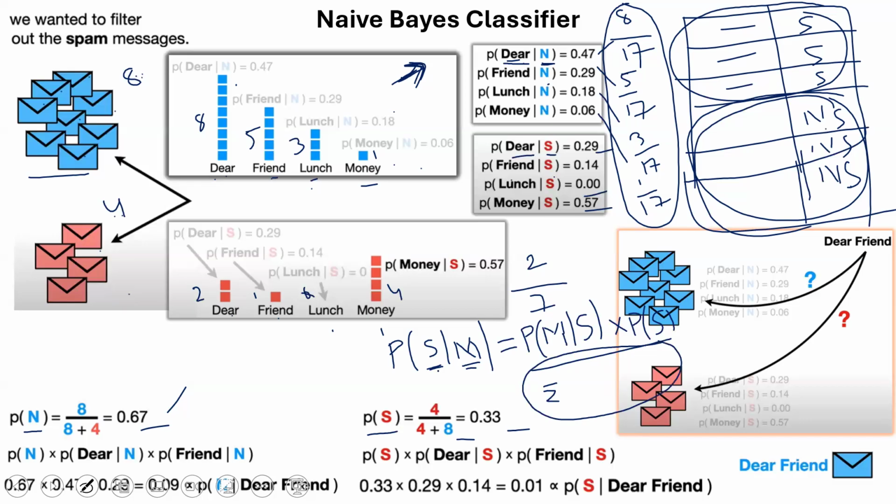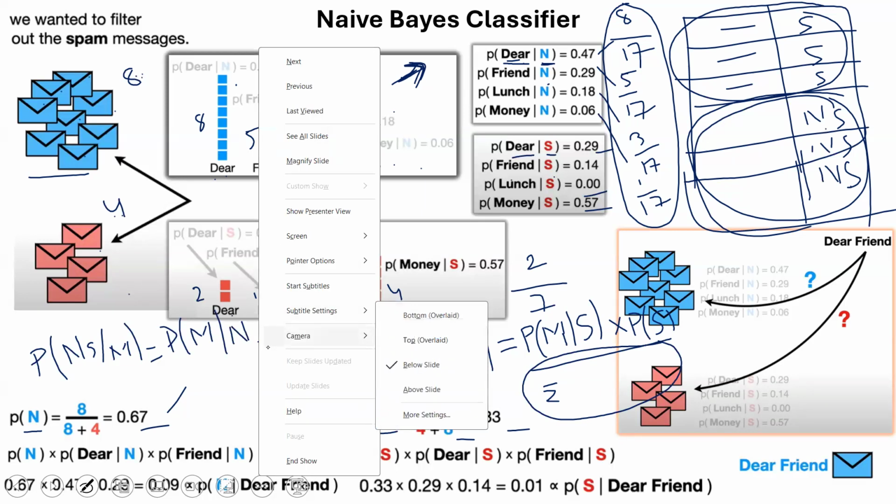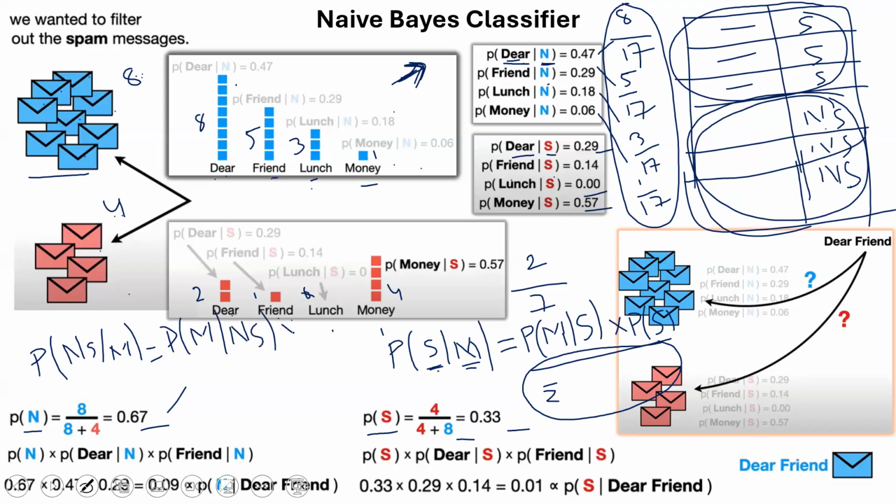Even if you calculate the probability of not spam given a message, it is equal to probability of message given normal message, or not spam, into probability of normal message, divided by, in the denominator, the same thing, the summation of both of them. So the denominator of this and this will be the same.